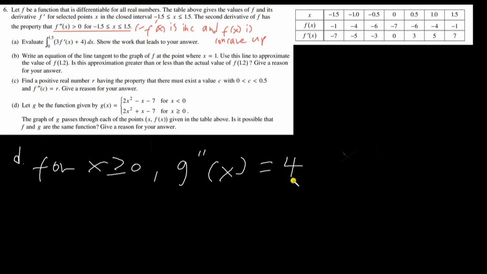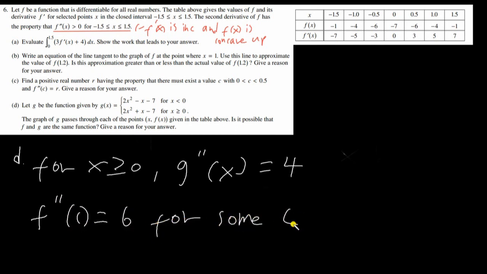However, remember how in part C we said that there's some value c such that f double prime of c is equal to 6. So we said that f double prime of c is equal to 6 for some c greater than 0.